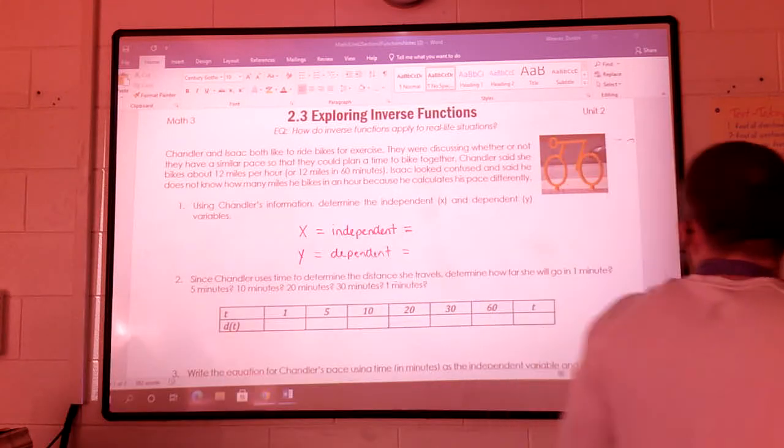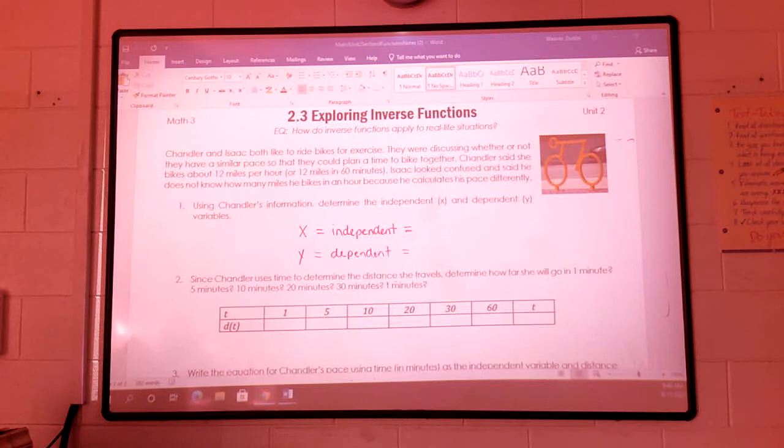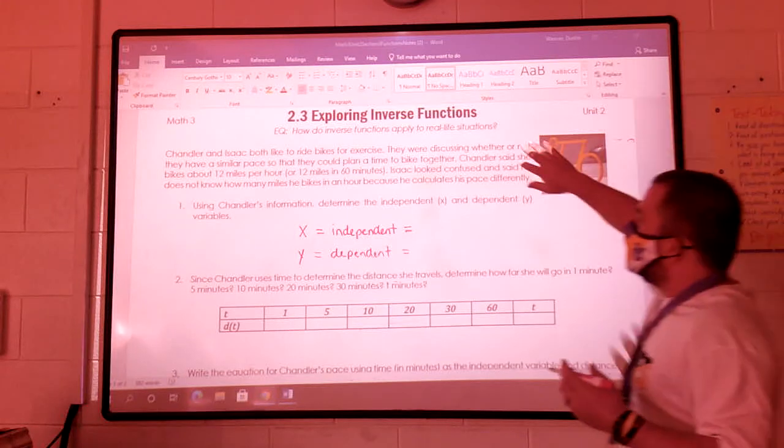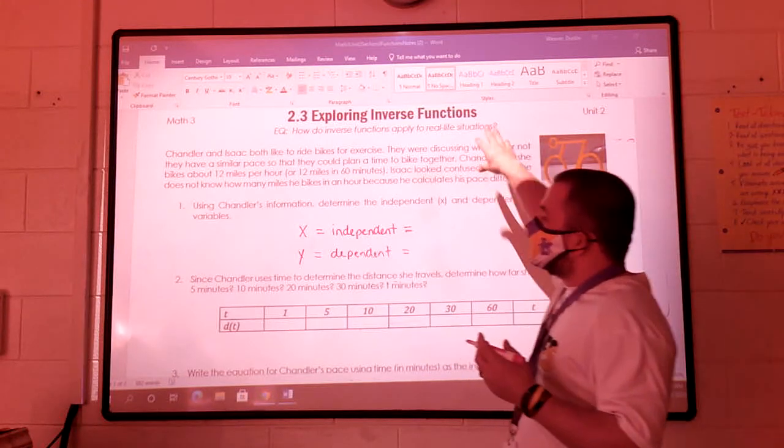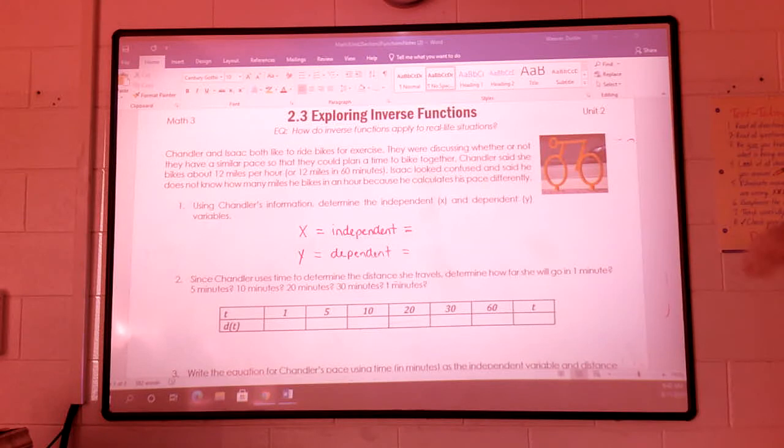So there's two variables. Variables are the ways we describe things. What are the two things that are going on in the problem? Like, what two things do you need to know about them riding the bikes to know how fast they're going?